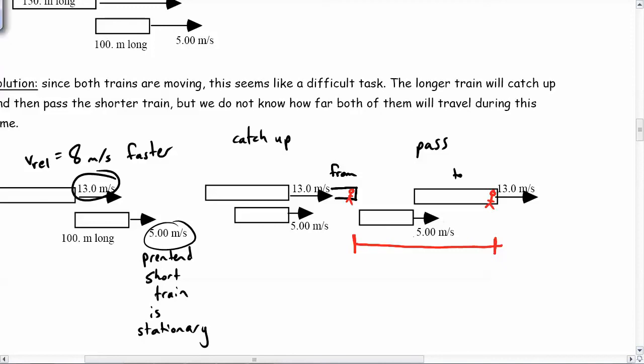That's right, it's 150 for the length of the train. And it also needs to go 100 meters for the length of this small train. So the total distance that it needs to go is actually 250 meters. That's not exactly obvious unless you actually draw the picture step by step.